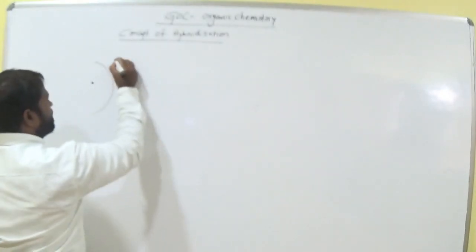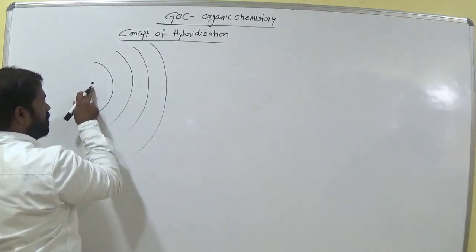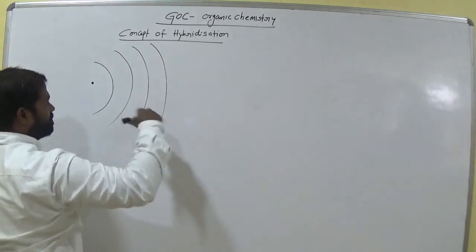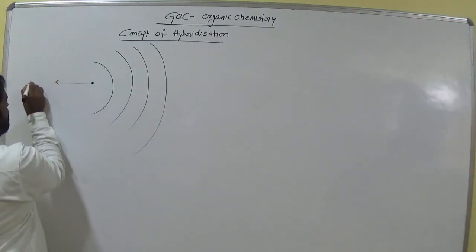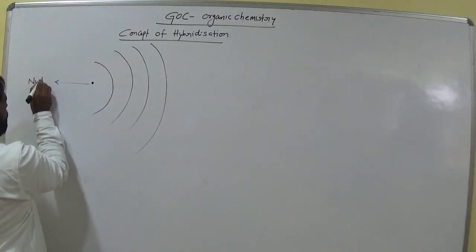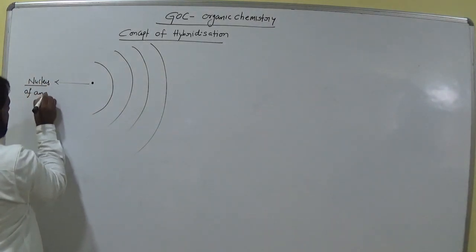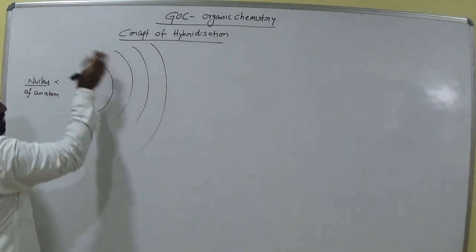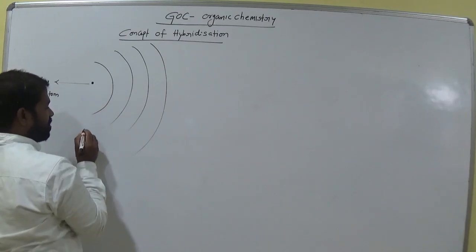This is the nucleus of an atom. These are the orbits, or shells. In that atom, these are the shells or orbits.